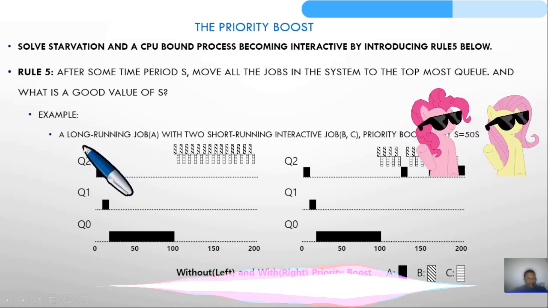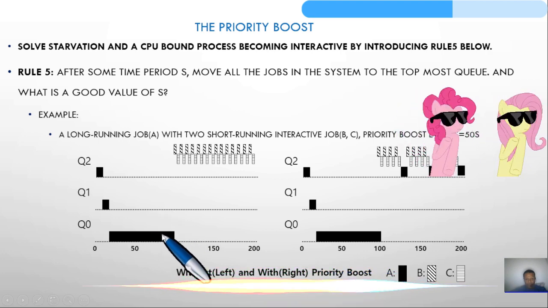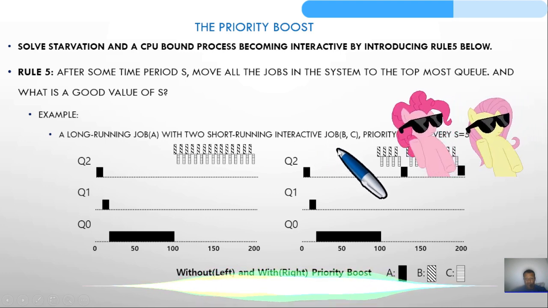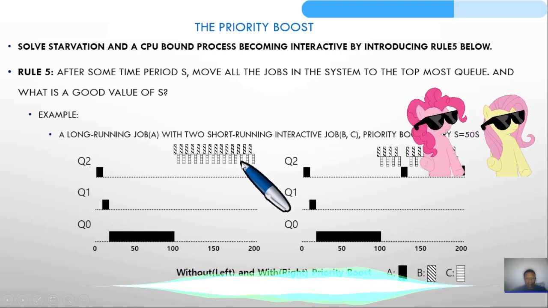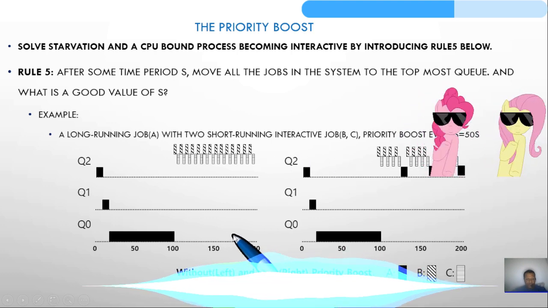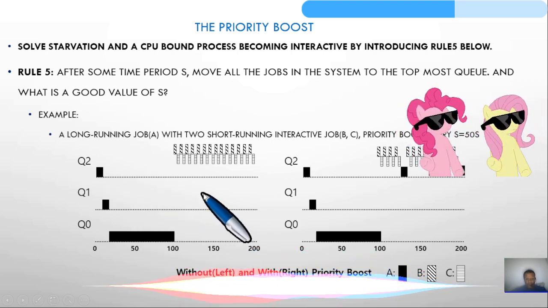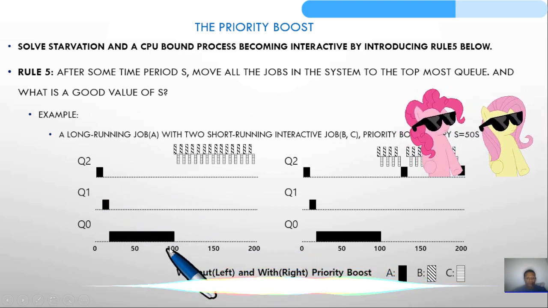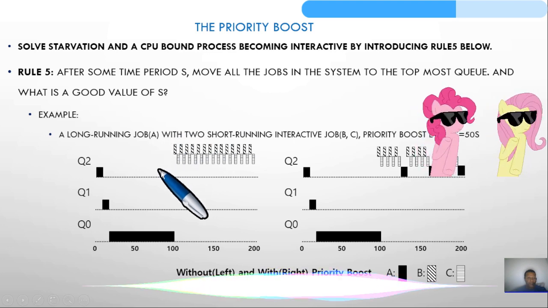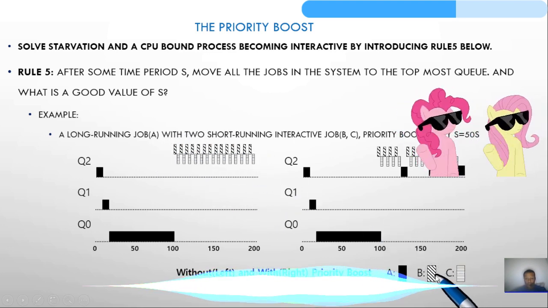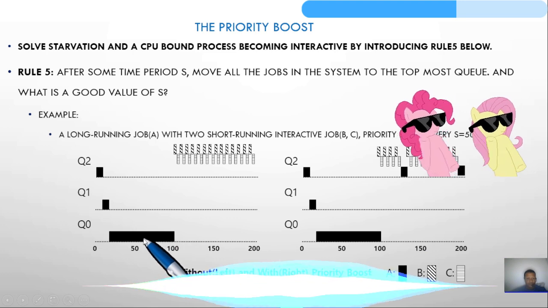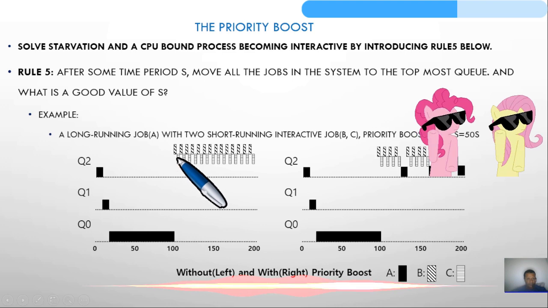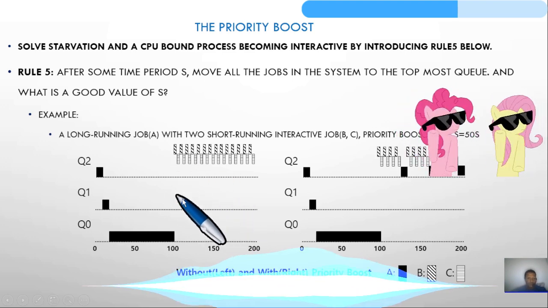For example, a long-running job A, with two short-running interactive jobs B and C, as you can see. In the one on the left, we don't have any priority boost. So the CPU will be taken by the two interactive processes B and C, because A will not get any chance to be executed as there is no priority boost applied here.